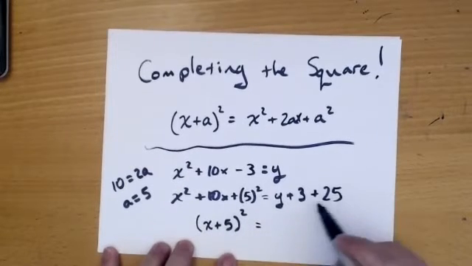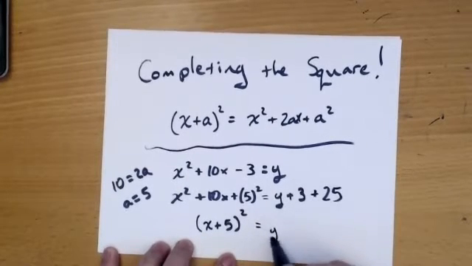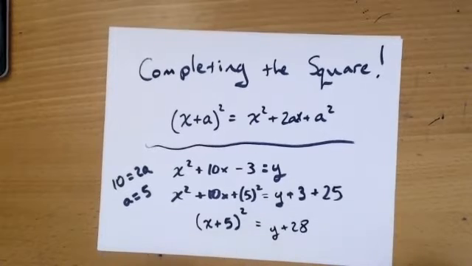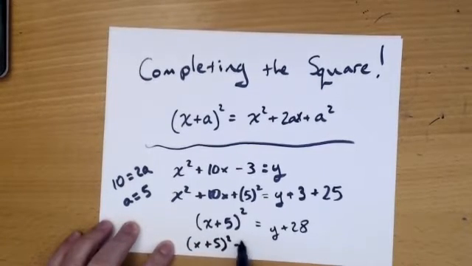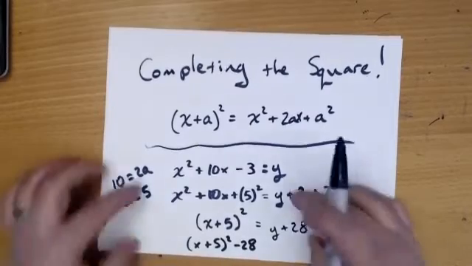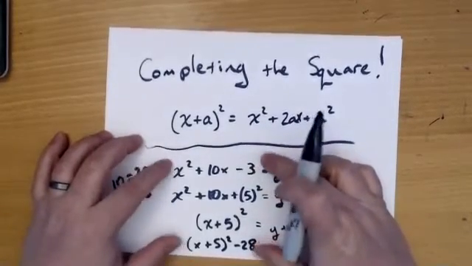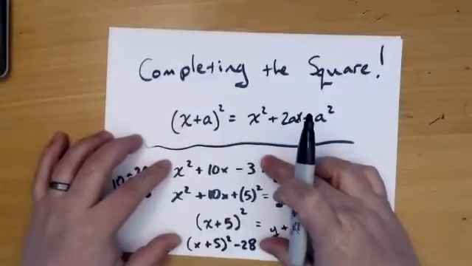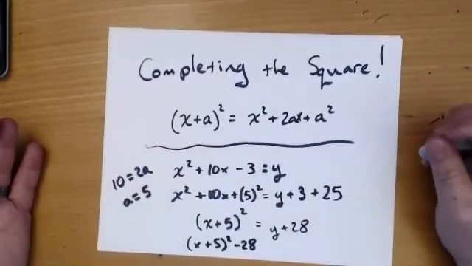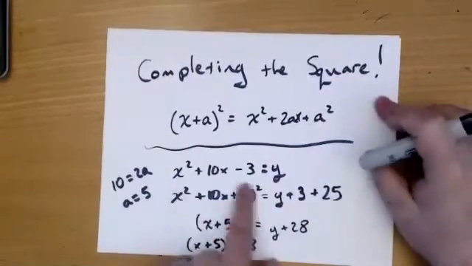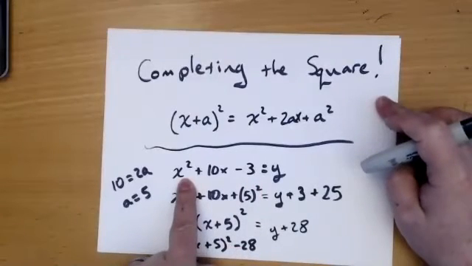Now, I'm going to just clean all that up. And now I move the 28 back over to get y alone so that I have an expression again. And these two things are the same. Now, let's point out for just a hot second, this, if I were to graph it, is a parabola, right?